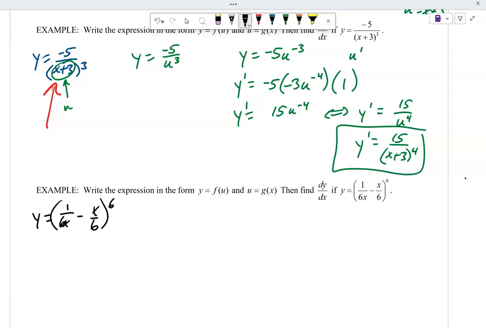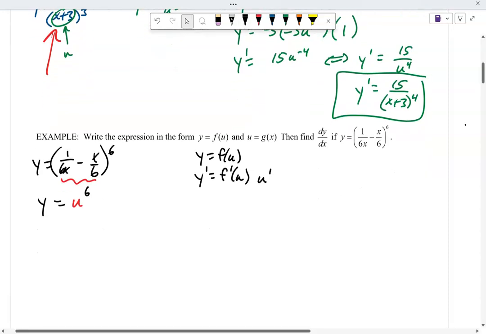Now we know how to take the derivative of y equals x to the 6, right? So we're going to let u be the quote inside, if you will. So we have u to the 6. Whenever we've got y equals f of u and we take the derivative, it's f prime of u and then u prime. So we're taking the derivative after we run the power rule on this one.